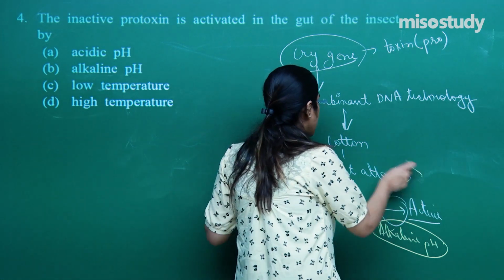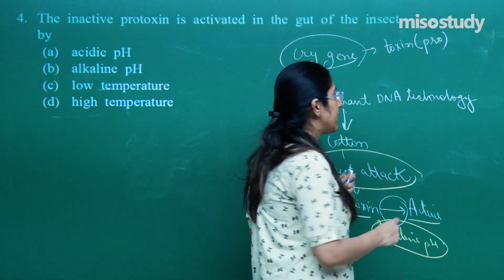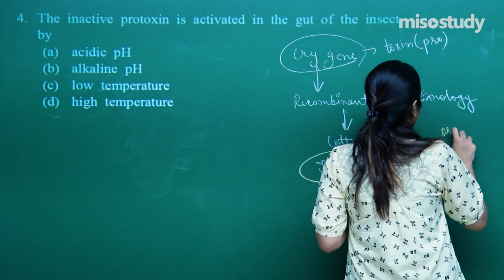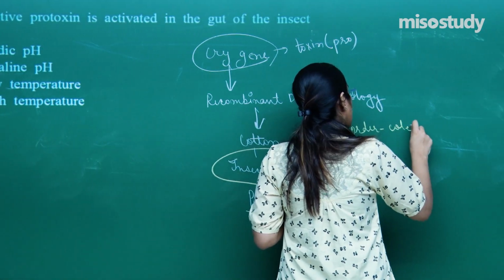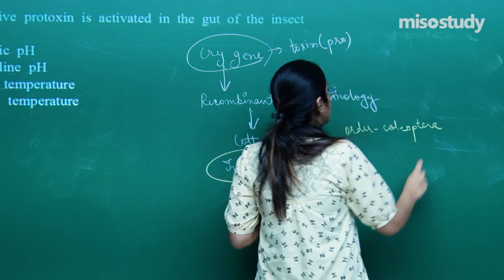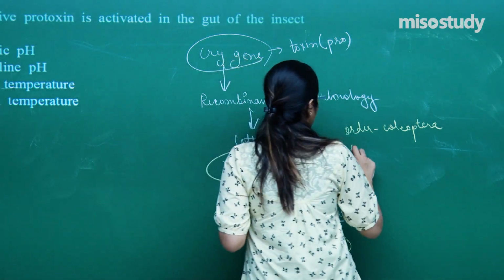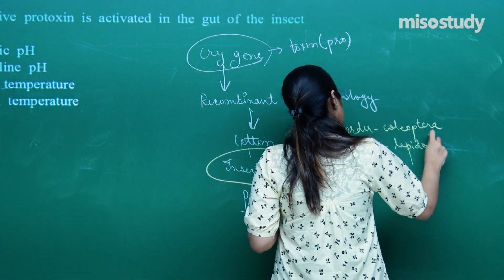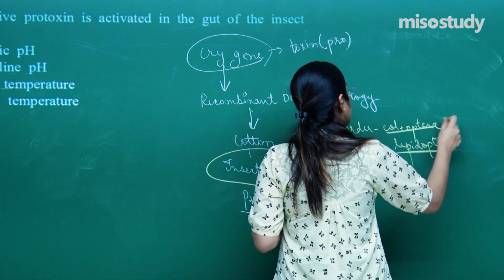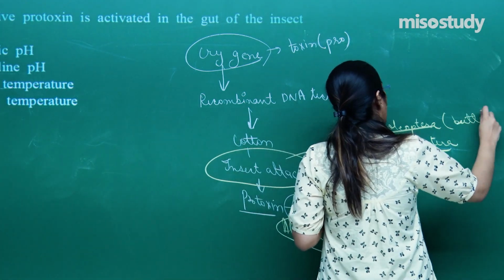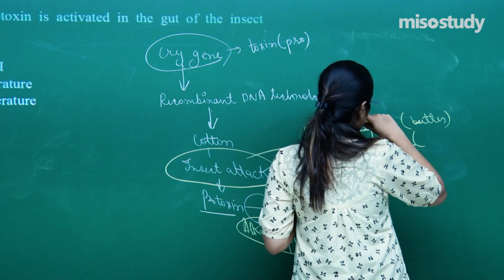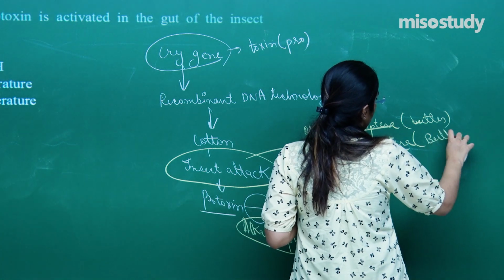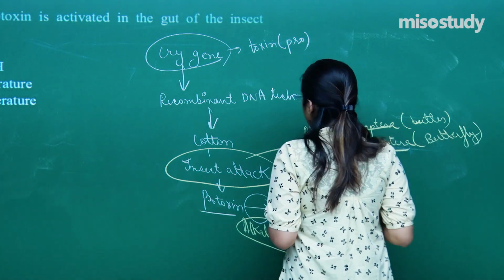Here I have discussed the insects that attack, and those insects can belong to the order Coleoptera, in which beetles come, or the order Lepidoptera, in which you can say butterflies come.